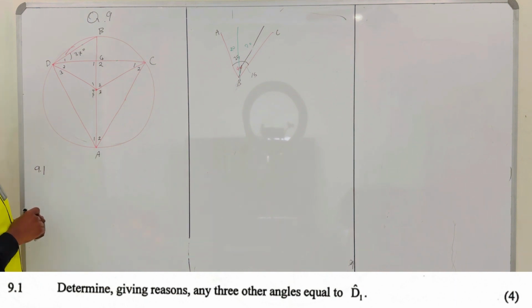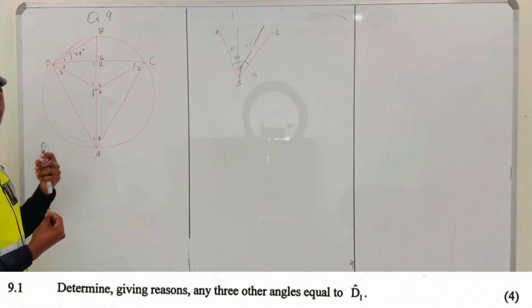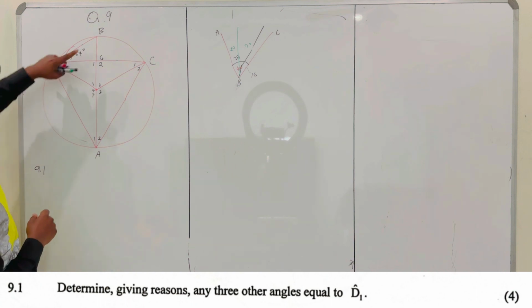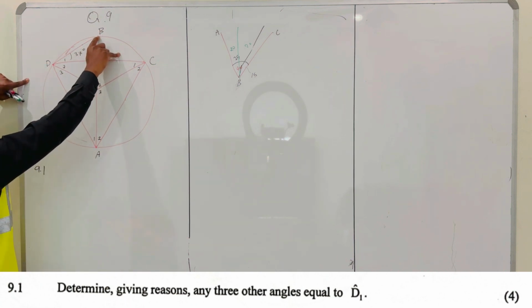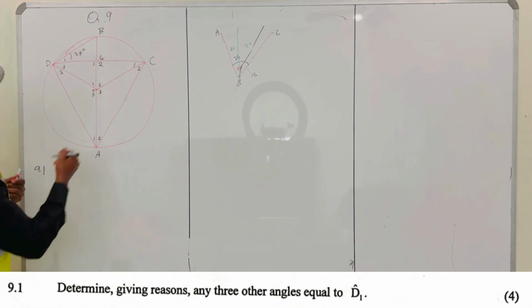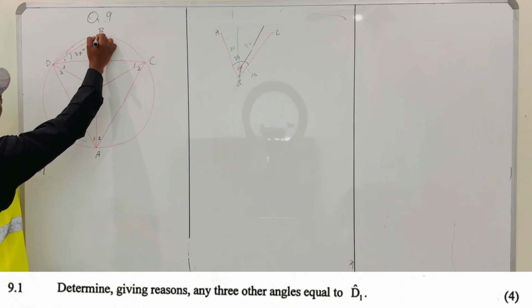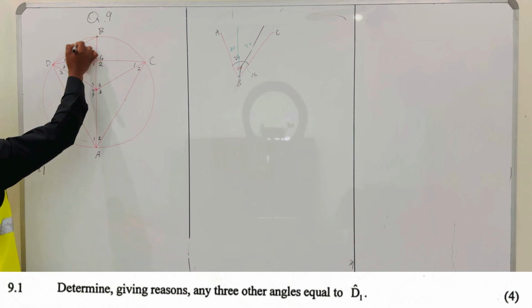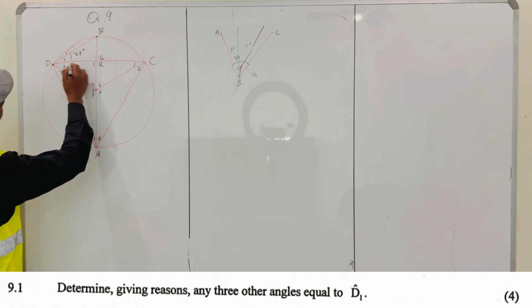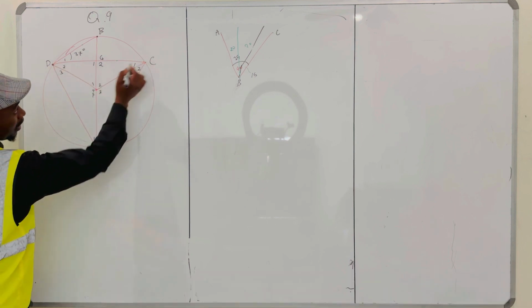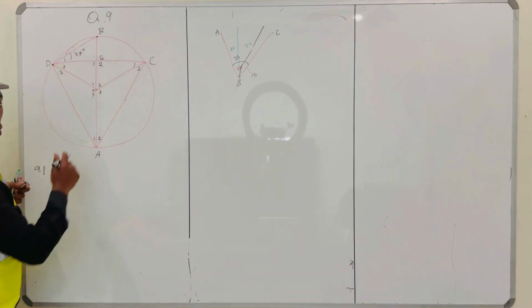Now, one thing I have seen here just by analyzing where this angle is situated is that DB comes from the circumference. So B to D is at the circumference, and C to D is also, C comes from the circumference. That's why I said those are chords.